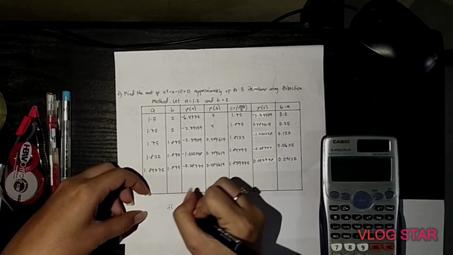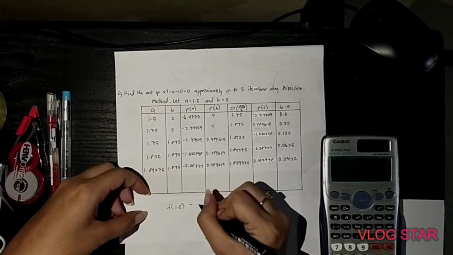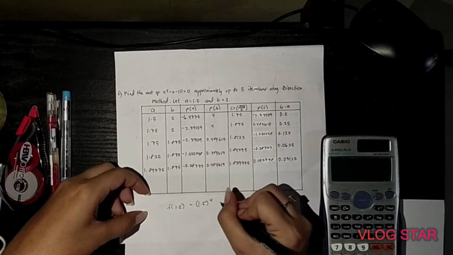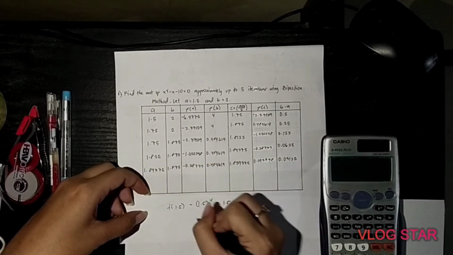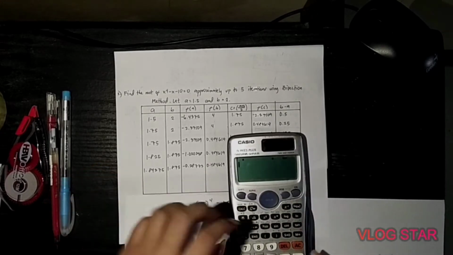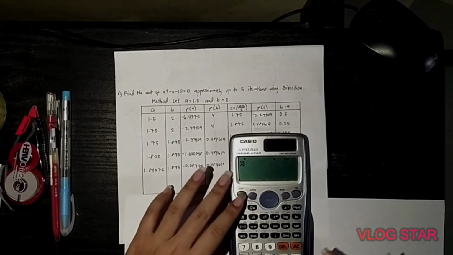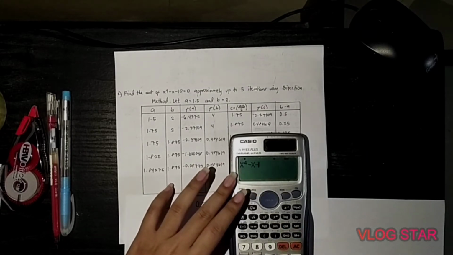So f of 1.5 will be 1.5 raised to 4 minus 1.5 minus 10. And this will be x raised to 4 minus x minus 10.